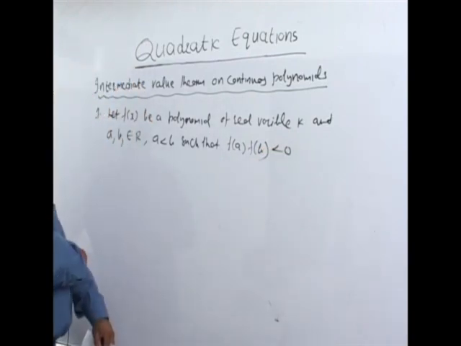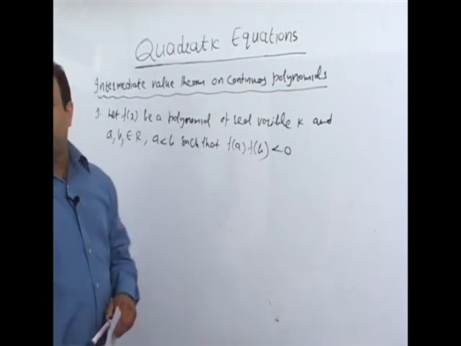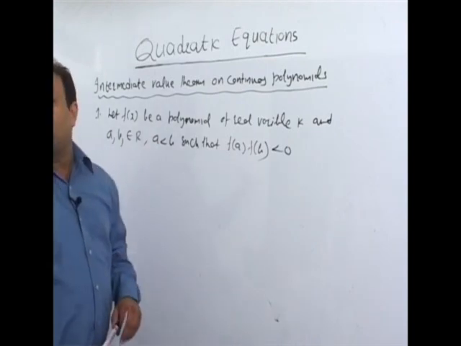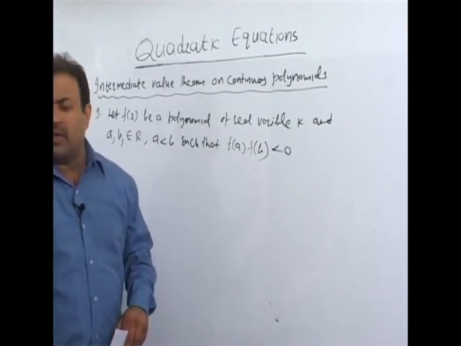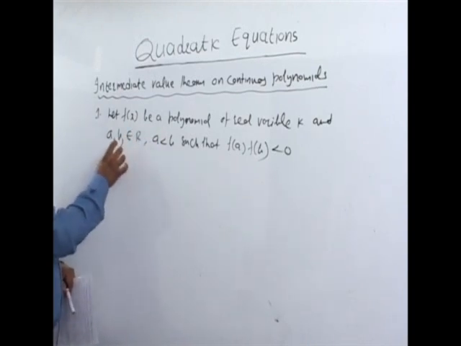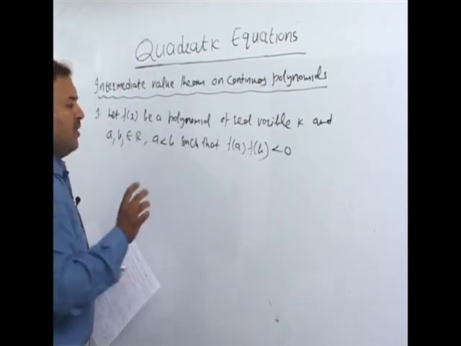It means, see here, it should be clear in your mind, here a and b are not the roots of the function, not the roots of the polynomial. Here f(x) is a polynomial and a, b are any two real numbers, right?